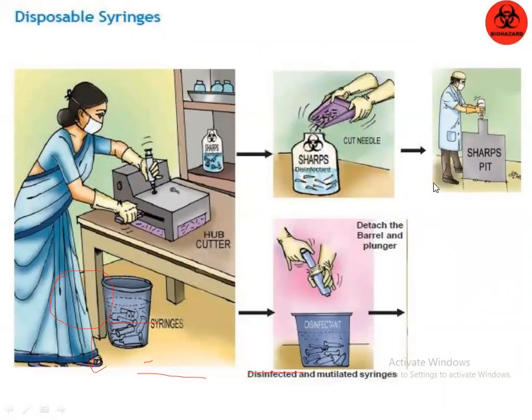See this image, disposable syringes. Here, how they are wasted, sharp cut needle, sharp pit. In the sharp pit, the waste is dumped, cutter, syringes. See this container, in this syringes are collected.